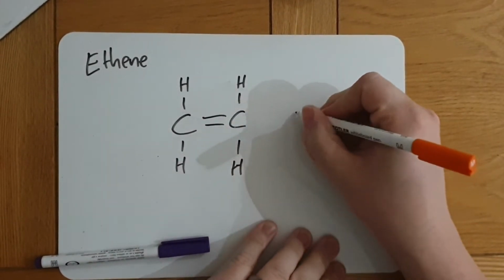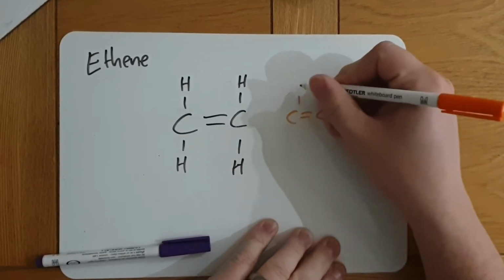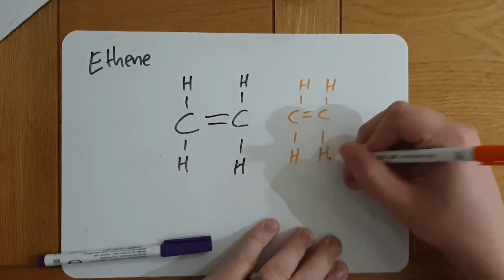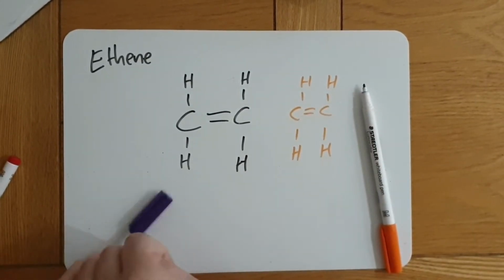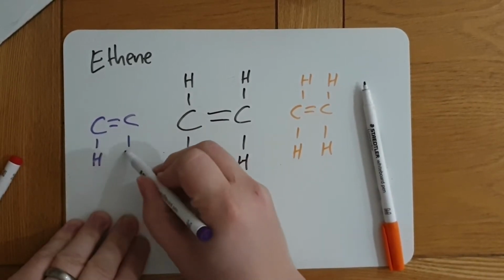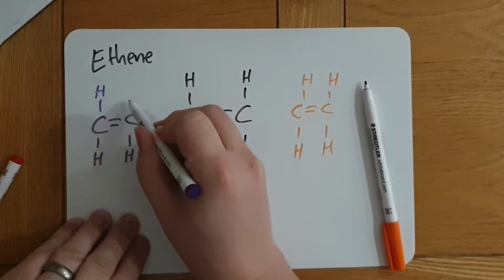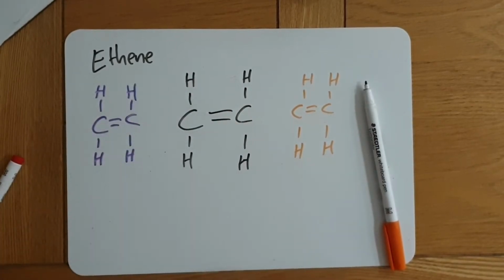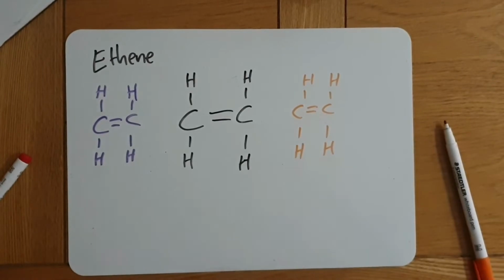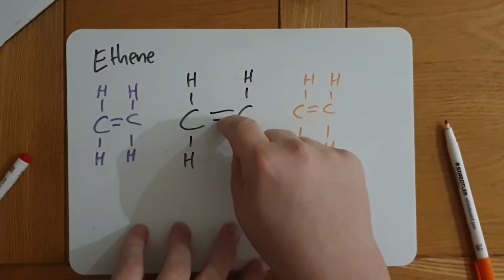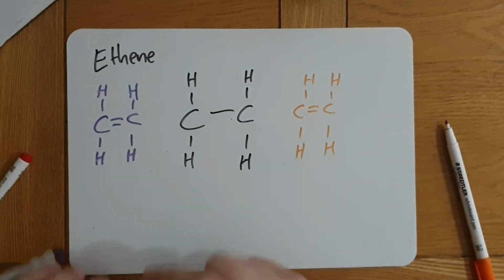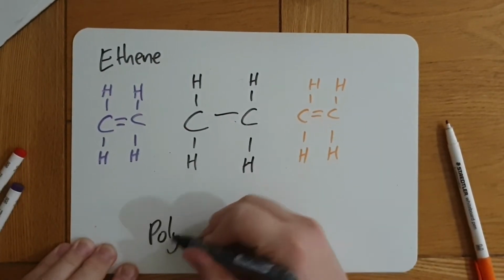But I'm going to draw you another ethene here, and another one over here. Okay, so we've got 3 monomers. And what happens is the double bonds break. So the double bonds all break. This is a polymerization reaction. Polymerization.